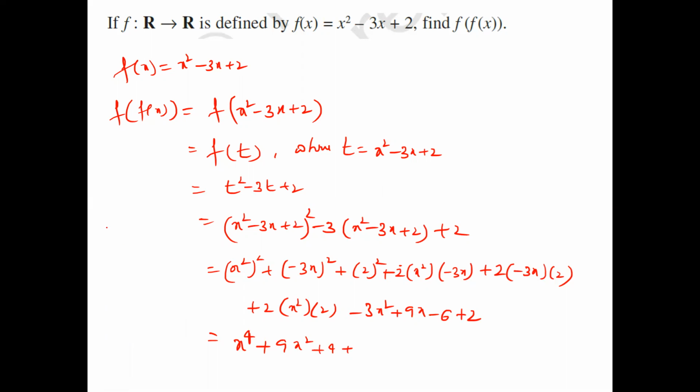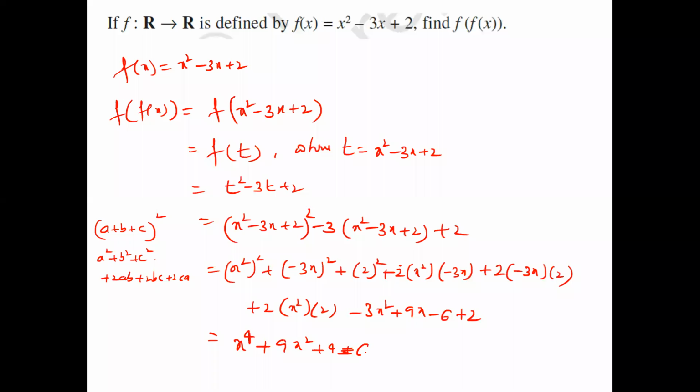Most of the students who get confused can write the a plus b plus c whole square form. What is the value? a square plus b square plus c square plus 2ab plus 2bc plus 2ca. I have to apply this formula. Now x to the power 4 plus 9x square plus 4. 2 into 3, what would be here?